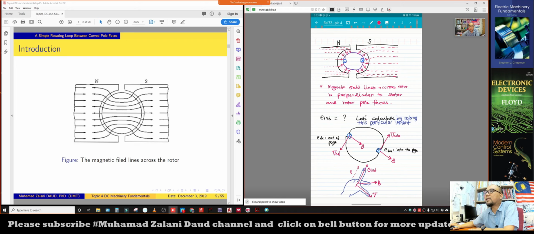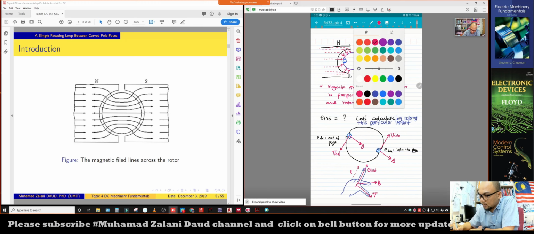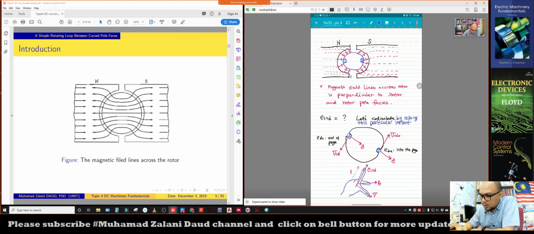As you can see clearly in the drawing, the flux lines leave the north pole face at a 90-degree angle.